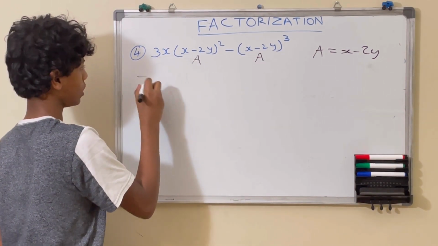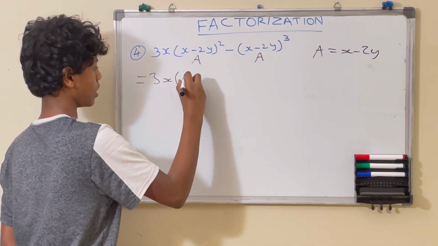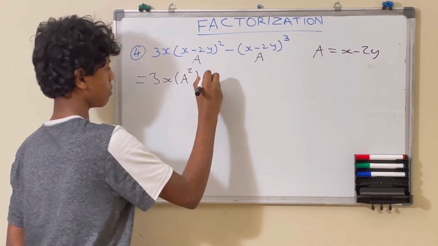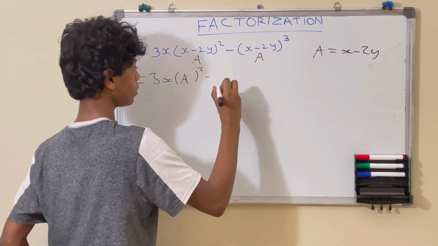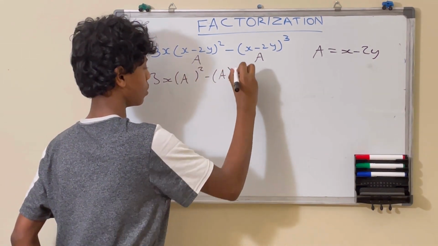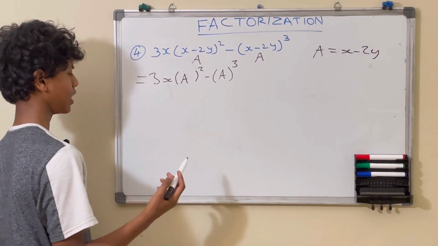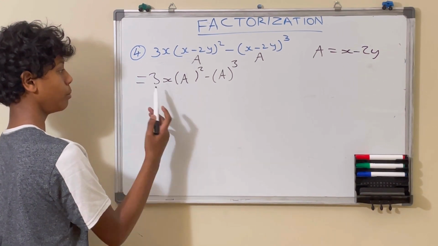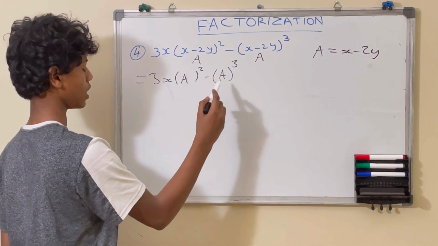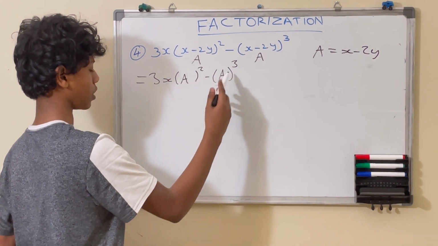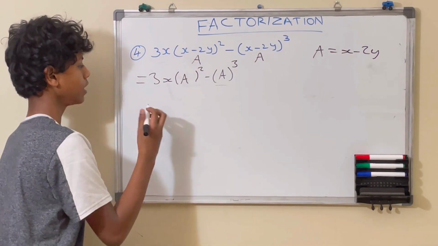So the new equation is 3x times a squared minus a cubed. Now first off, you can see that a squared is common between both of the terms, because a cubed is just a times a times a, and the other is just a times a. So we can take out a squared.